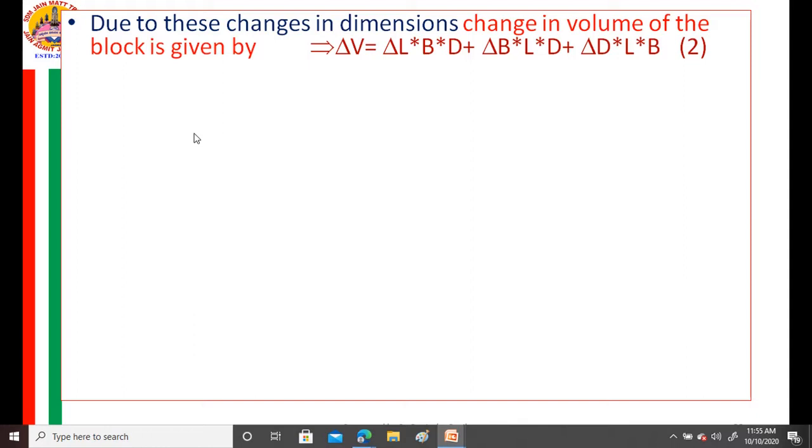Otherwise directly it is just easy to memorize. Because of change in L, BD is to be multiplied. Because of change in B, LD is to be multiplied. Because of change in D, LB is to be multiplied. Therefore, change in volume is equal to del L BD, plus del B LD, plus del D LB.